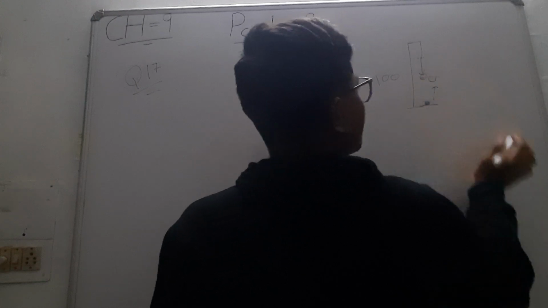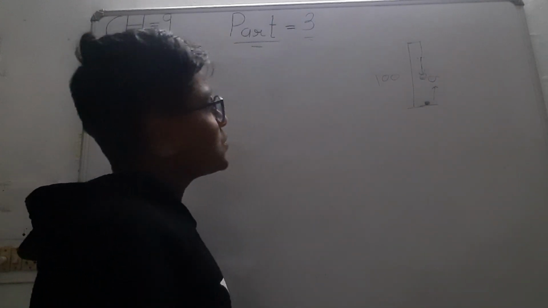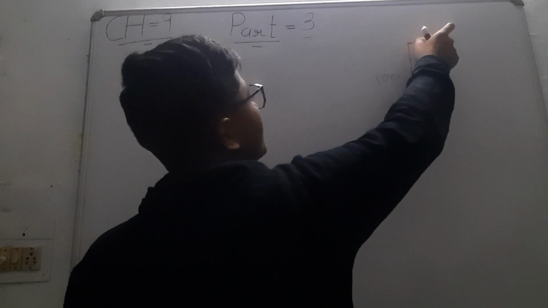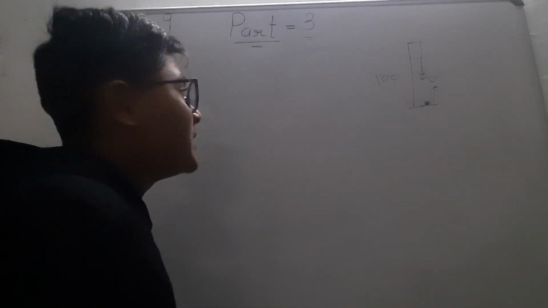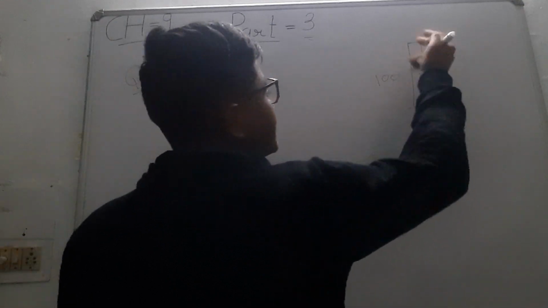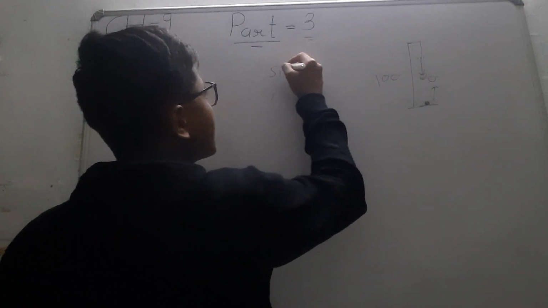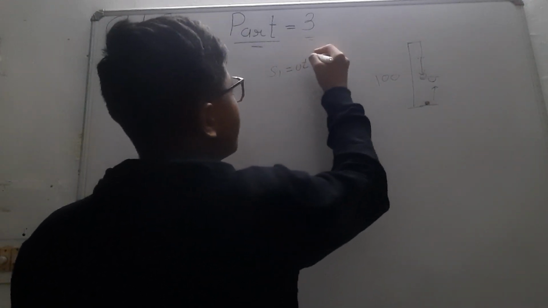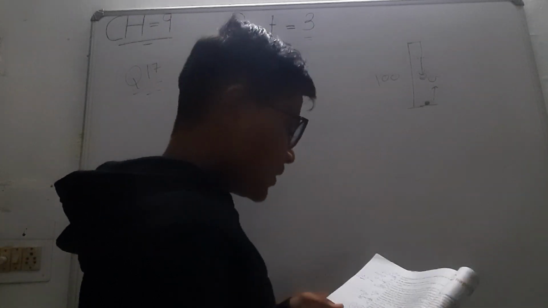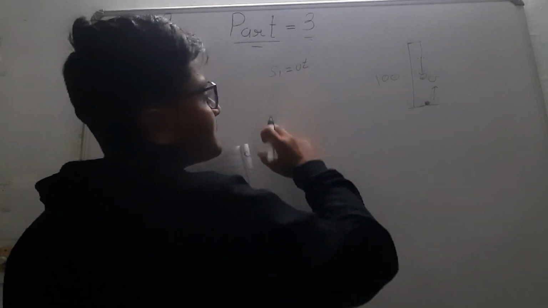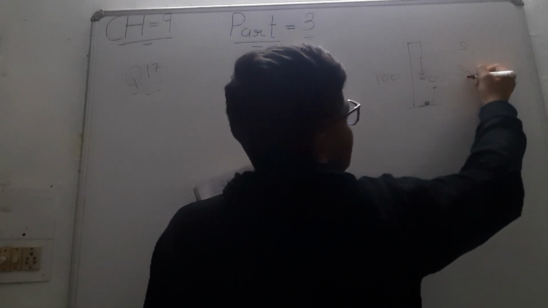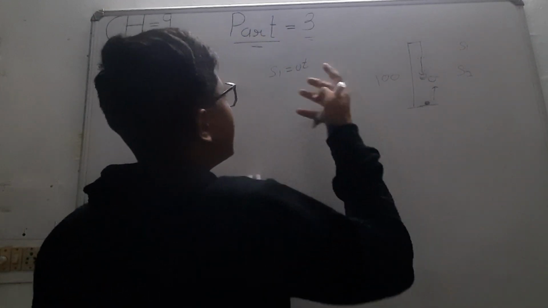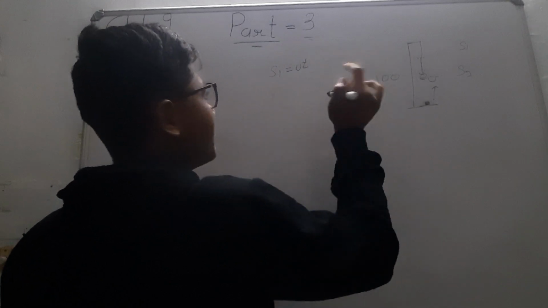This is the point where both are meeting. So we have to find the value of this and the value of this. What we will do is take this as S1, and this is S2. We have to find the two cases. Let me take x as S1.